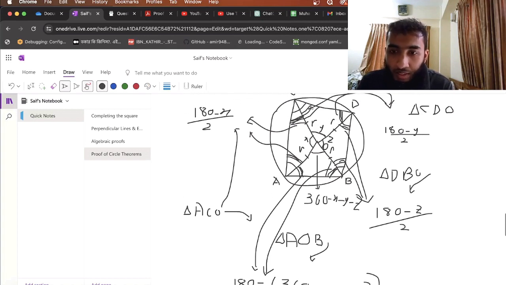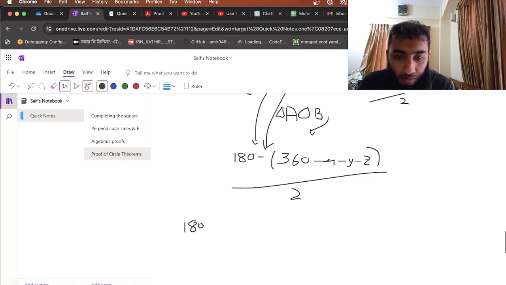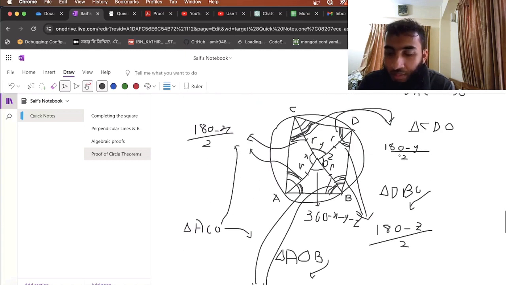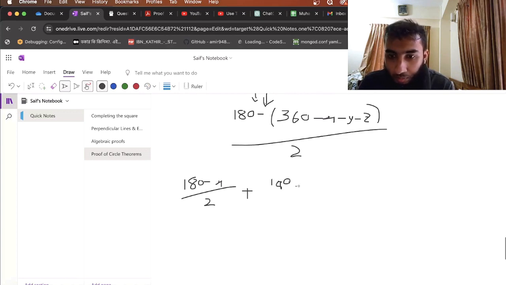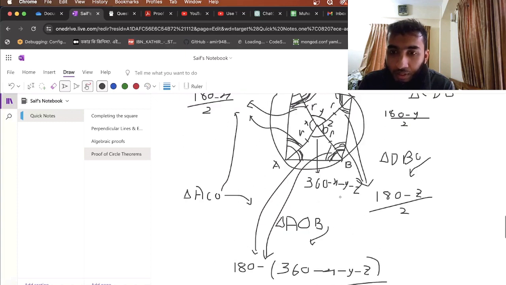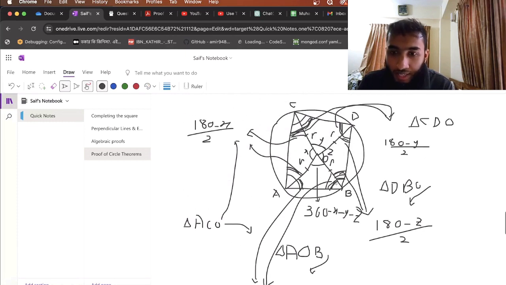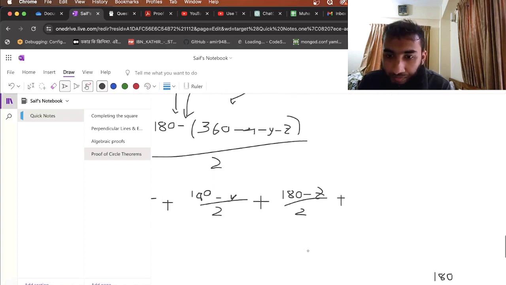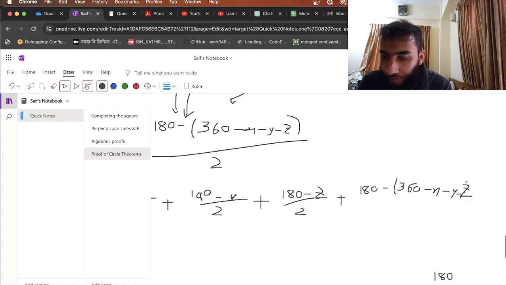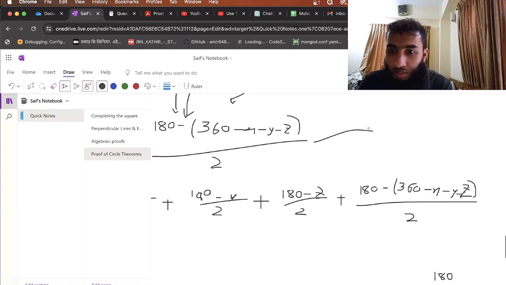So if we add these four angles, what is this angle? 180 minus x by 2, plus 180 minus y by 2, plus 180 minus z by 2, plus this angle, which is 180 minus 360 minus x minus y minus z, by 2.